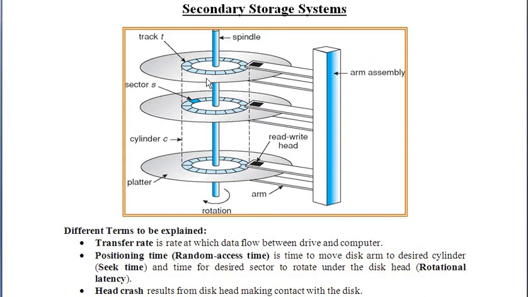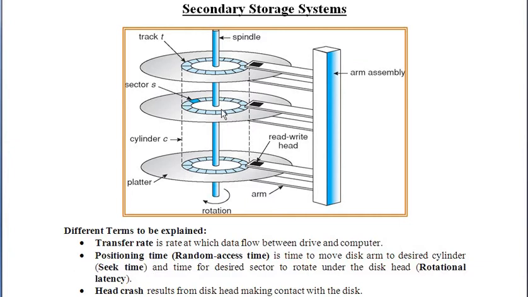Again, to repeat: platters, we store information in platters, and each platter has tracks, and each track has a different set of sectors. The track in one particular arm position is called a cylinder, as shown here, and all the platters are connected through a thing called the spindle, which will help us to rotate all the platters at a time.